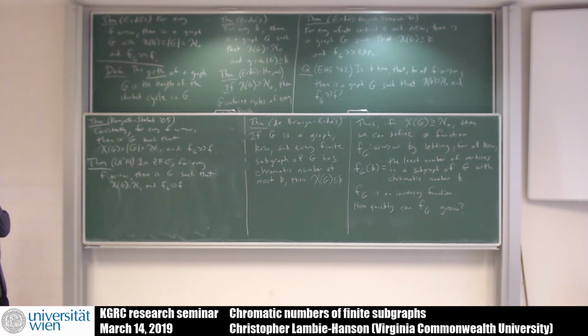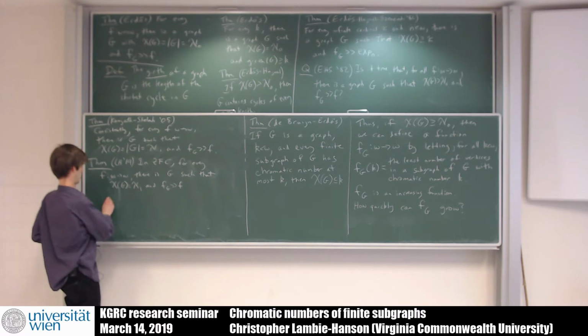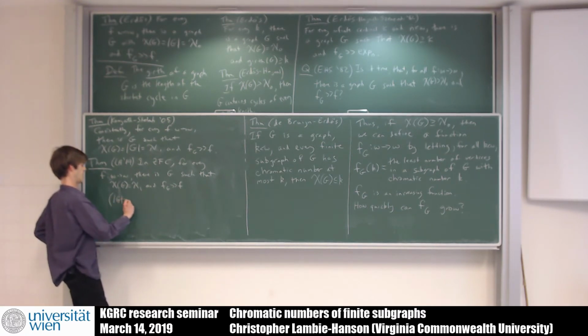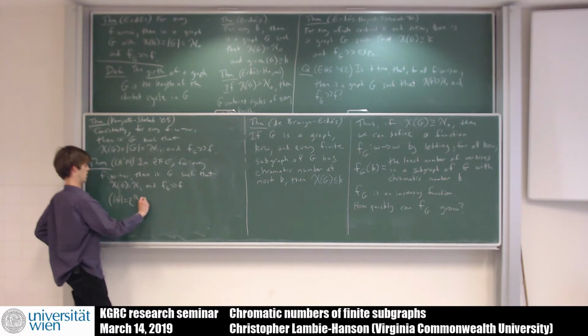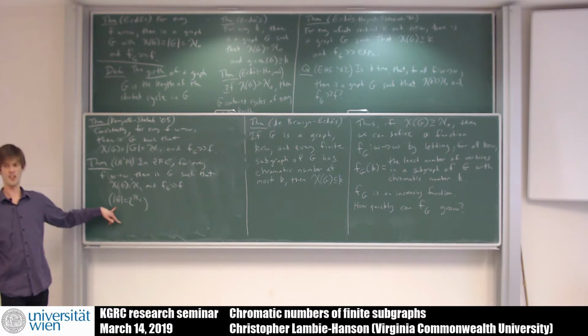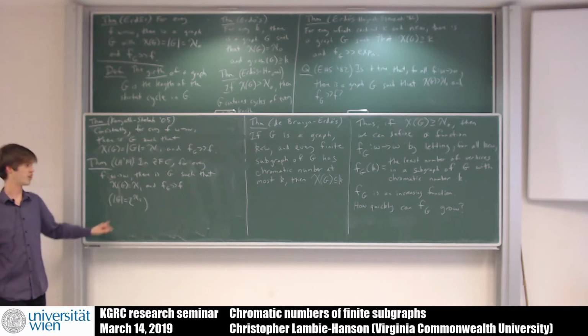That's because the best I can do right now in ZFC is to get a graph G such that the cardinality of G is 2 to the L of 1. I'll maybe talk a little bit more about this at the end. It is still open whether this size can be reduced to either continuum or L of 1 in ZFC.